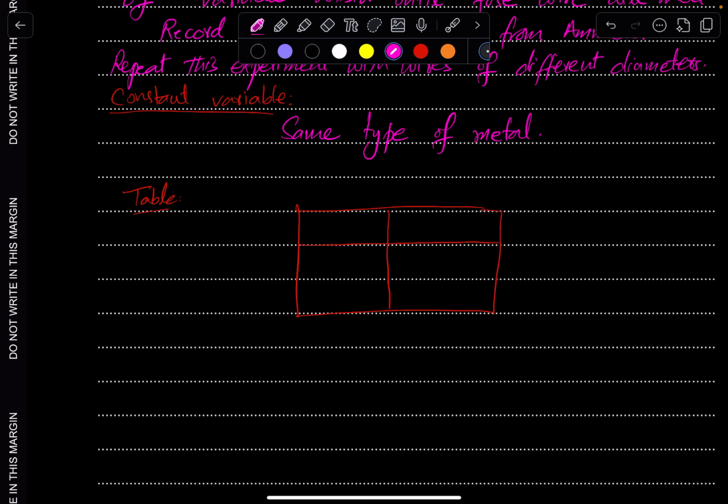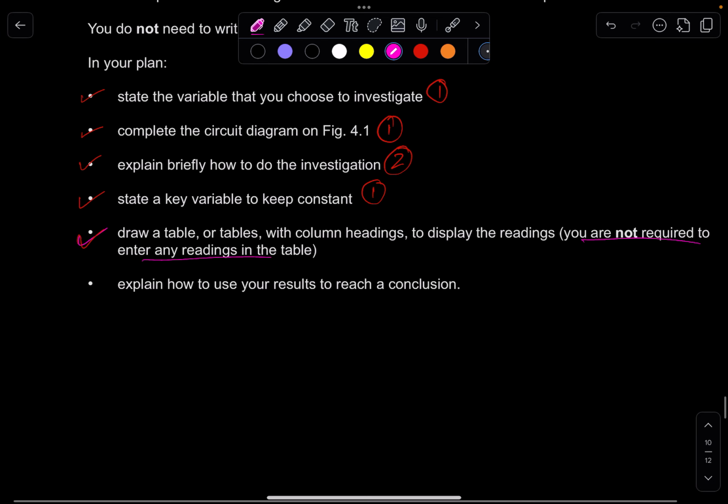We measured the diameter, which will be in millimeters, and we took the values of current, which will be in ampere. You just have to write the headings with the correct units. You don't have to fill this table, and you will get 1 mark for this.